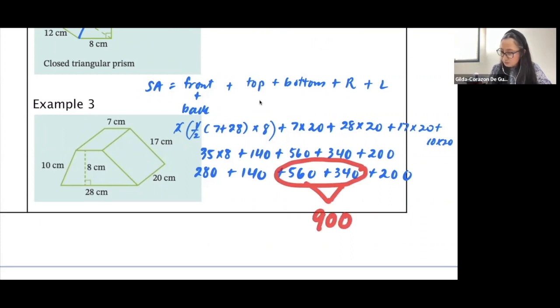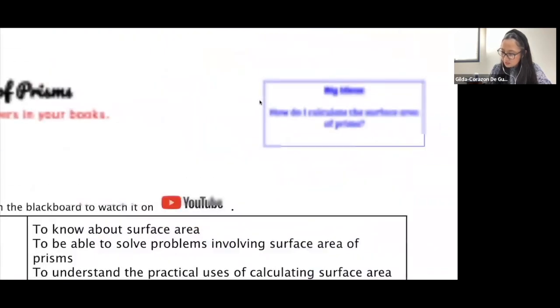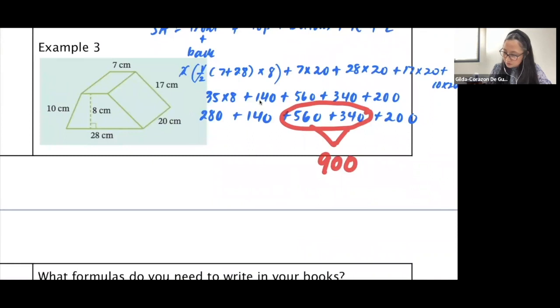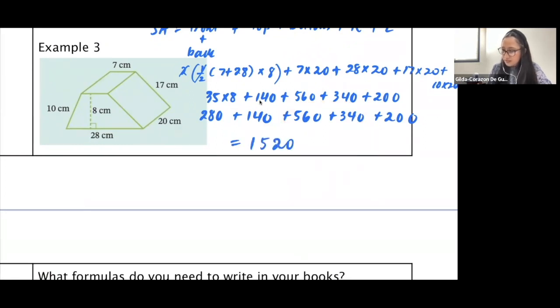We've got 280 and 140, that becomes 420, sorry. 420, and then we have 200. 900 and 200 would give you 1,100, so 1,520. Okay, right, and we just add in our units.